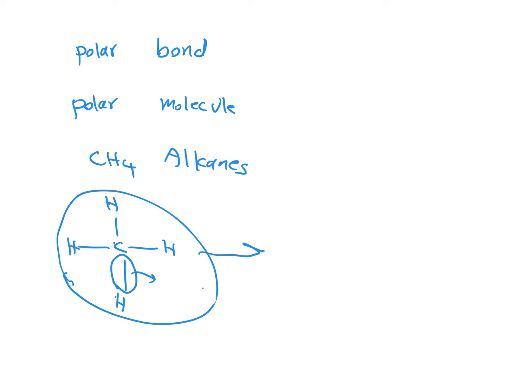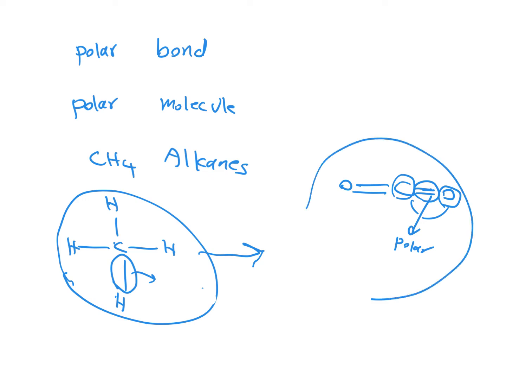And then you have some molecules, for instance, CO2 is a good example, where the electronegativity of each of these atoms is different. So these bonds are polar, but because of the arrangement of the structure of the molecule, this molecule as a whole is non-polar.